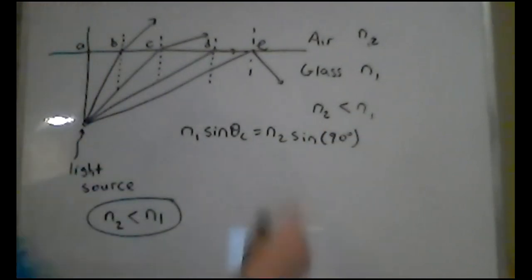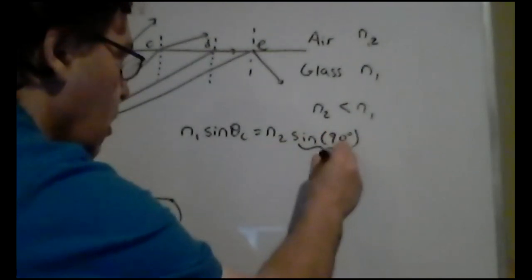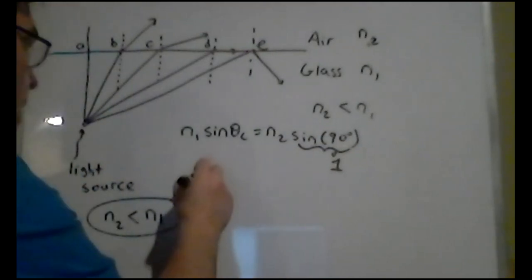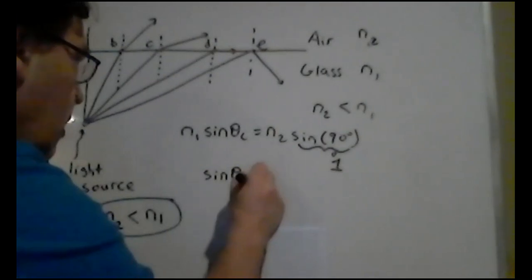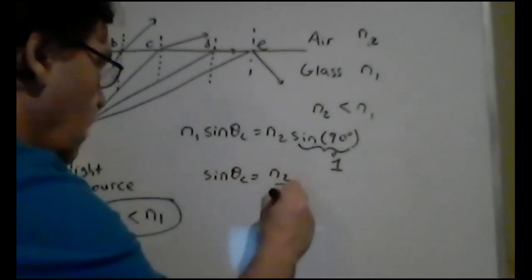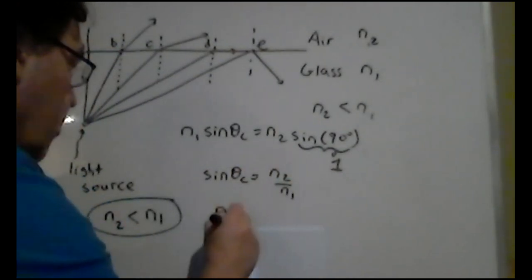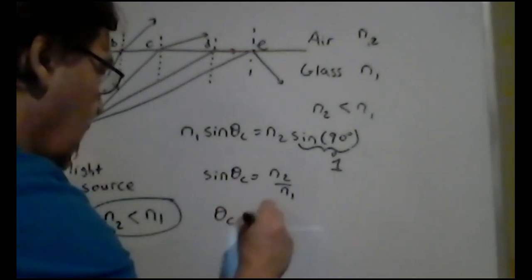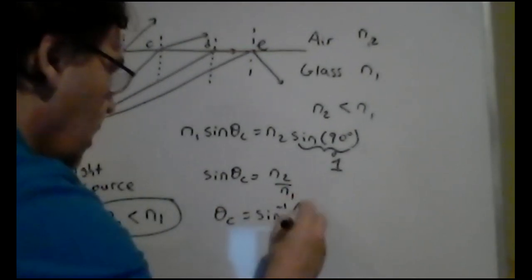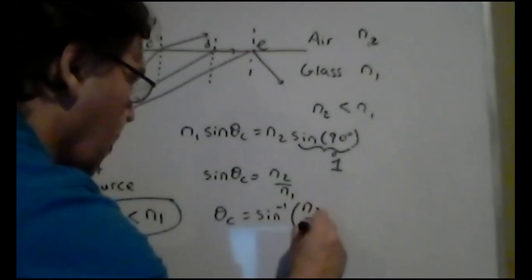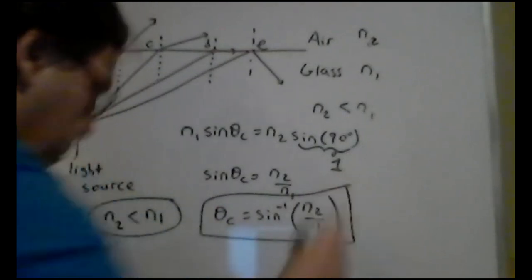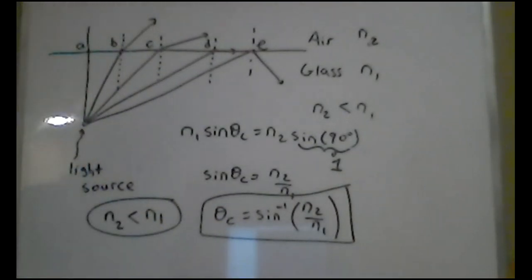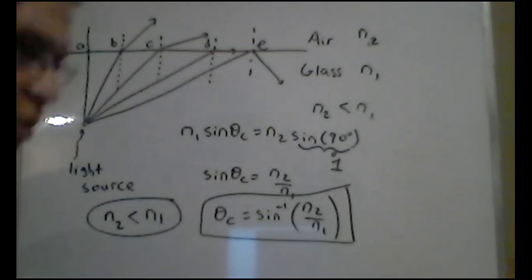Well, sine 90 degrees is 1. That means that the sine of theta critical is N2 over N1, or theta critical will be the inverse sine of N2 over N1. This is how I find the critical angle. I'm going to go through some examples and problems shortly.